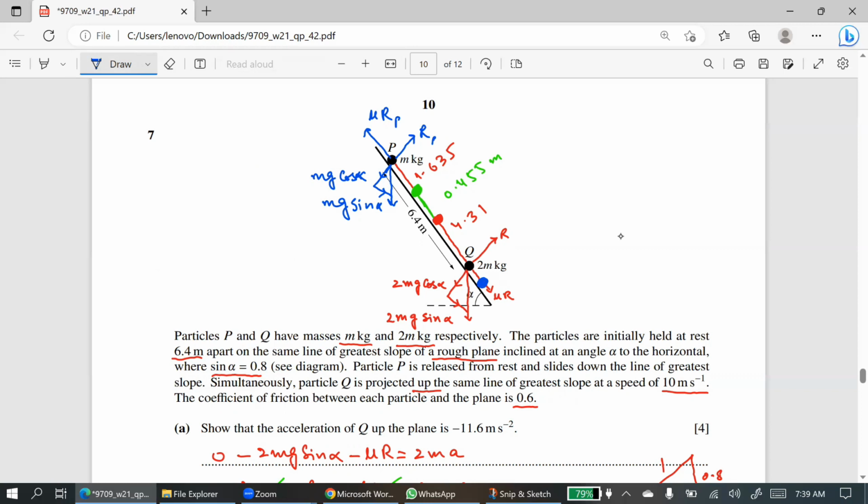Now, the distance covered by particle Q is x, and the distance covered by particle P is x plus 0.455 meters, and the time will be the same for both particles to cover the distances x and x plus 0.455.